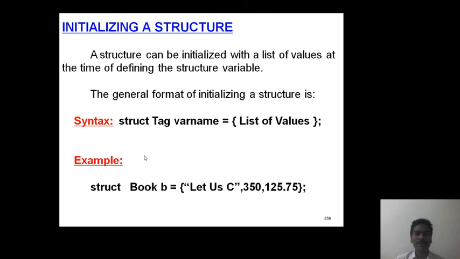For example, struct book b equivalent to, within a pair of braces. Previously we created this struct book database with 3 members, book name, pages and price. Here the first member is book name, which is a string, hence we place it within double quotation marks, comma, the number of pages is an integer value, comma, the price of the book is a float value.